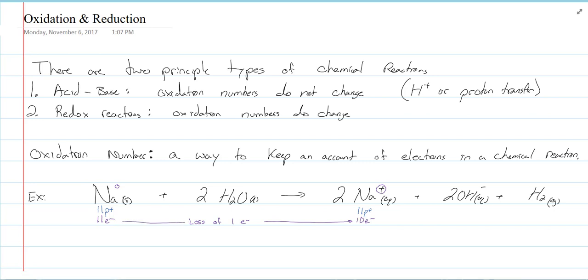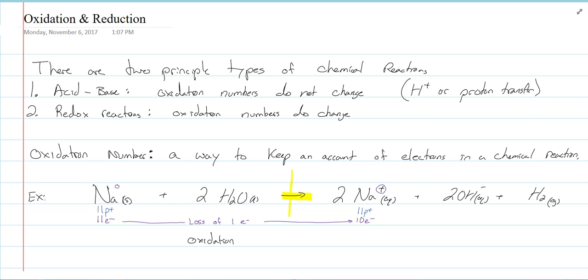We're going to call that oxidation. Oxidation would be the loss of an electron. Now, we know the law of conservation of mass applies. So on the left-hand side of that arrow, there are the same number of protons, neutrons, and electrons as on the right-hand side of the arrow.